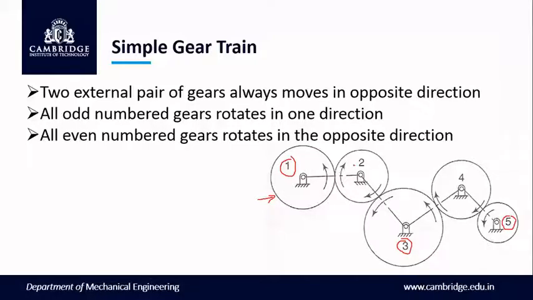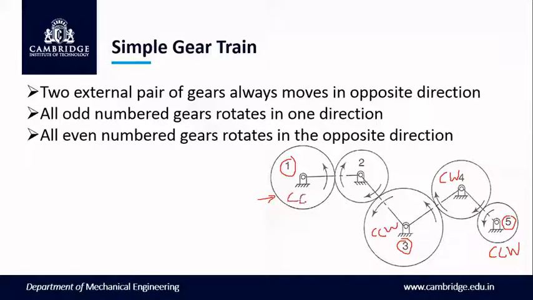That causes gear number 2 to rotate clockwise. In turn, gear number 2 is in mesh with gear number 3, so gear number 3 rotates counterclockwise. Gear number 4 is in contact with gear number 3, so these two are externally meshed, so gear 4 rotates in clockwise direction, and finally the driven gear 5 will rotate in counterclockwise direction.